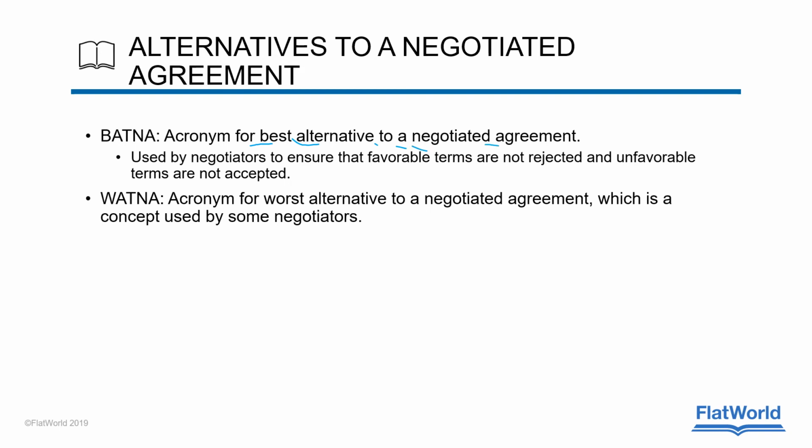This is used by negotiators to ensure that favorable terms are not rejected and unfavorable terms are not accepted. When you go into a negotiation, whether for business or whatnot, this is something to keep in mind: what is your BATNA?